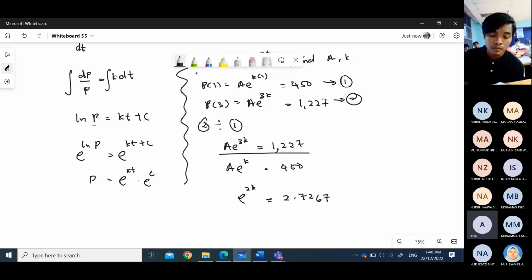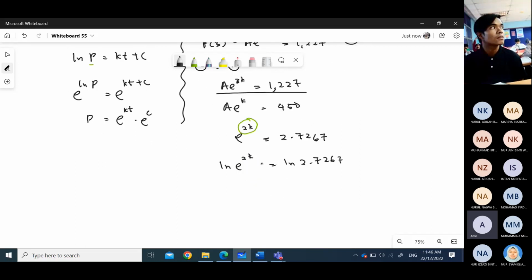So find K. So how to find K? We take ln left hand side or right hand side. We simplify for this exponent. Okay, so in the left hand side we have 2K equals 2.727.